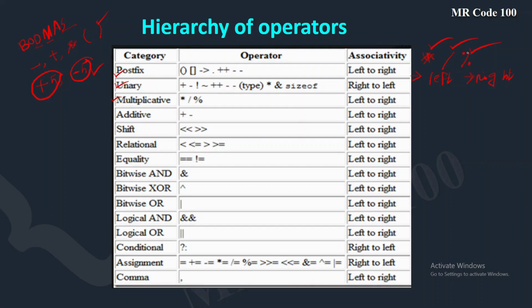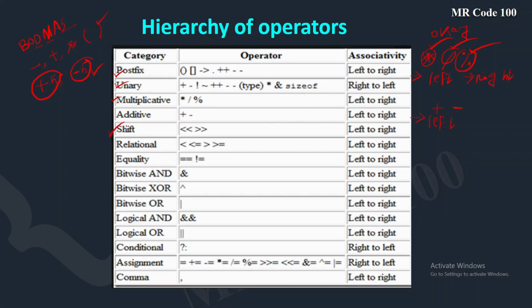But if you start from any other operator, it will always be okay, no issue with that. Next coming to additive: plus and minus. As we learned in the previous example, if you have plus and minus together, you have to start from left to right. Whatever is on the left side, you start with that operator.